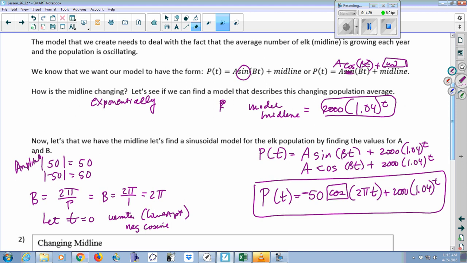You would have to put a shift in here, which I try to stay away from.